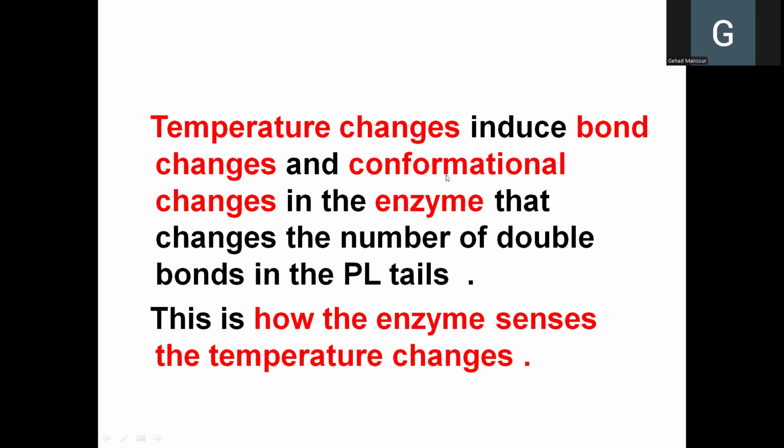And therefore, when the bonds, as you know, are changed, the conformation or the 3D configuration of the enzyme changes. So temperature changes induce bond changes and conformational changes in the desaturase enzyme that is capable of changing the number of double bonds in the fatty acids.